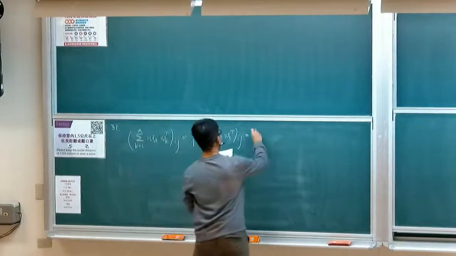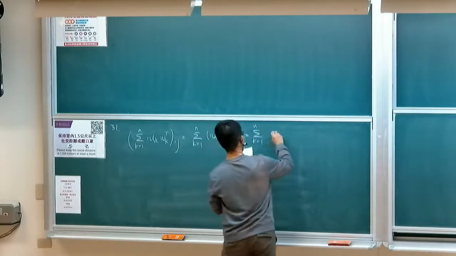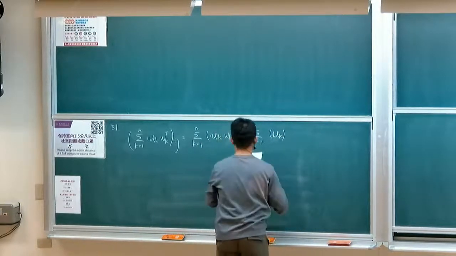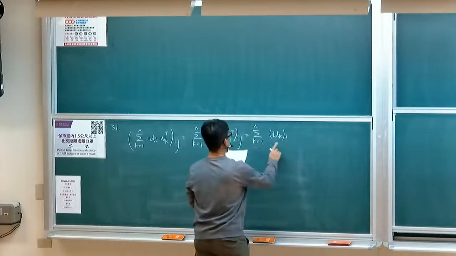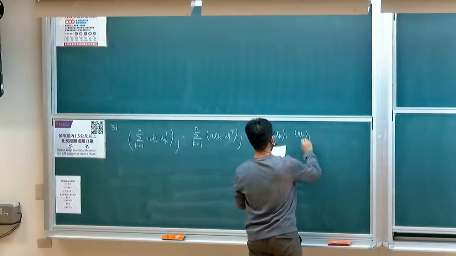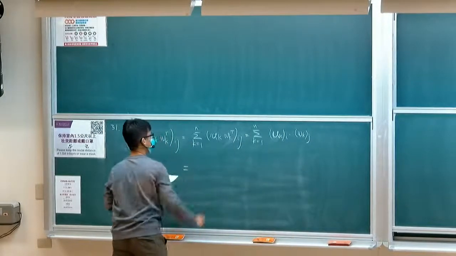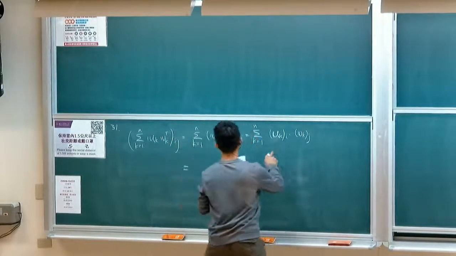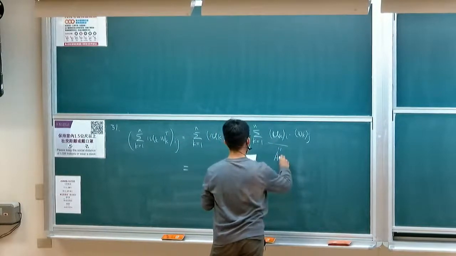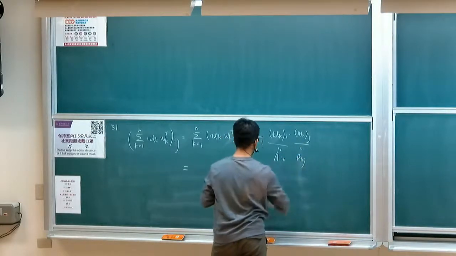And for this term, we can rewrite it as the ith entry of UK times the jth entry of VK. And this is equal to A ik, and this is equal to B kj.